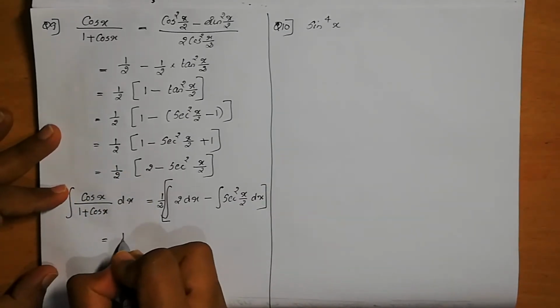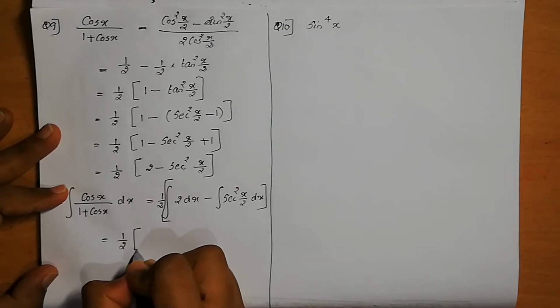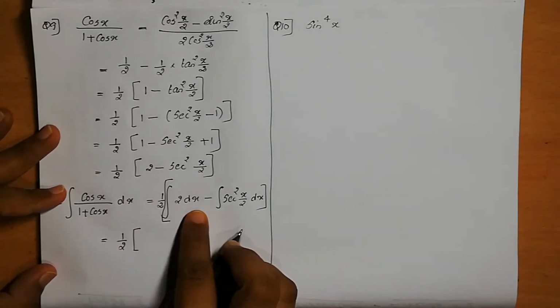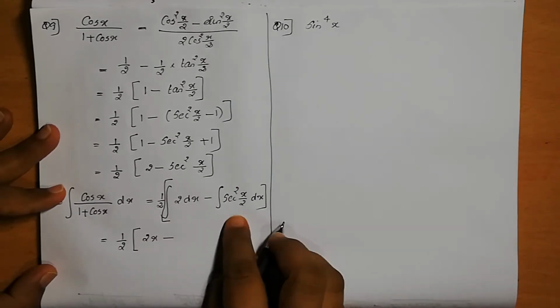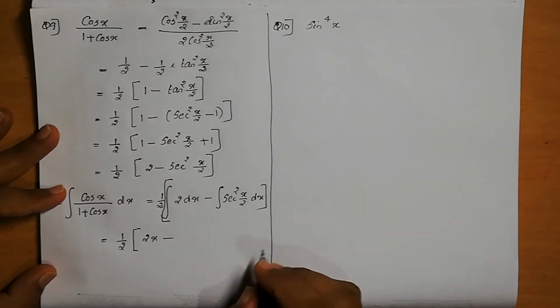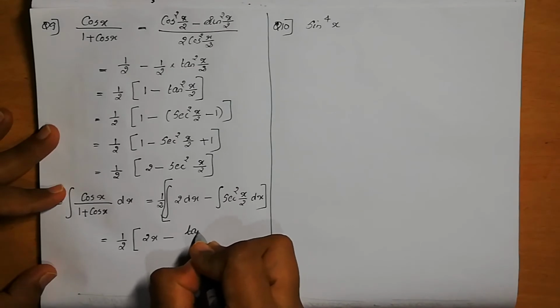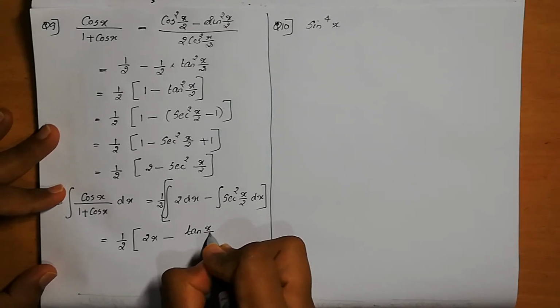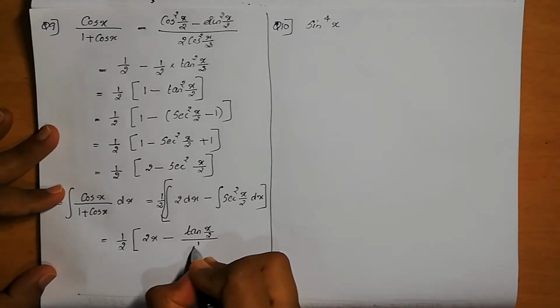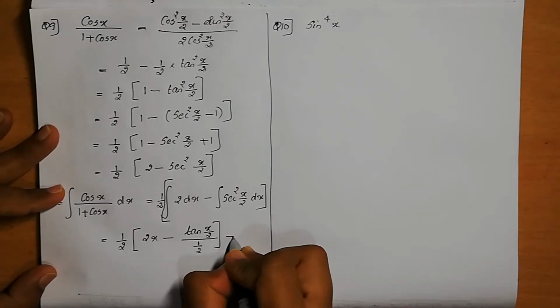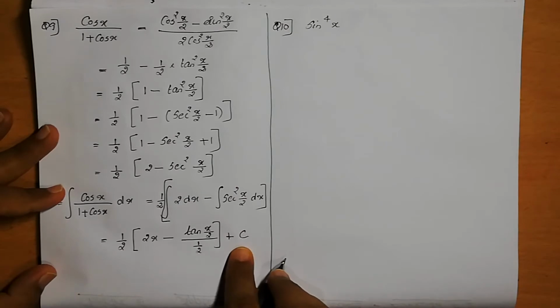That means 1 by 2 bracket integral 2 dx. 2 is a constant. Integral dx is x, minus integral secant square x by 2 is tan x by 2 by 1 by 2, right? Integral secant square is tan, and x by 2 means 1 by 2, plus c. C is an arbitrary constant or constant of integration.